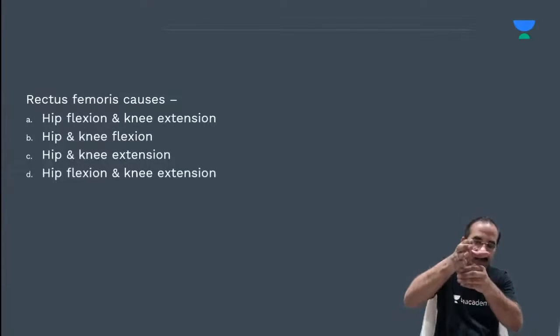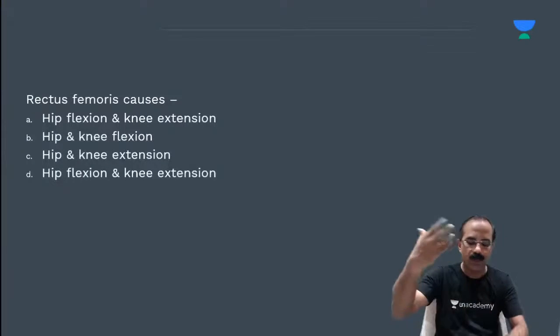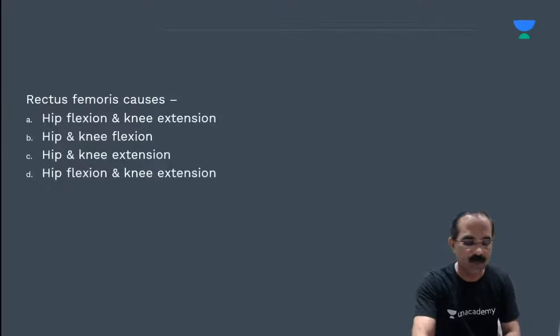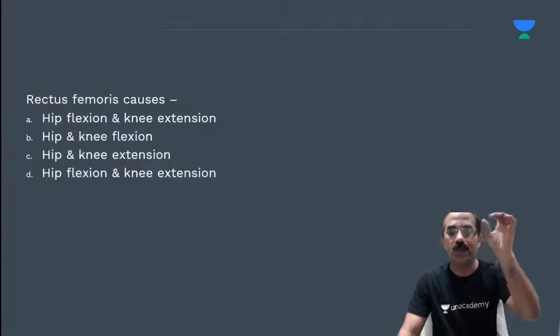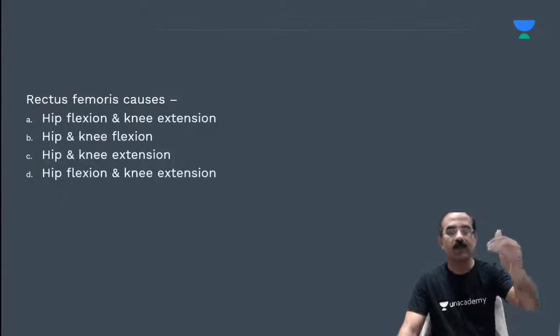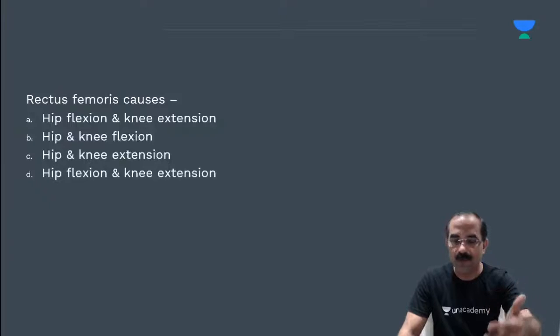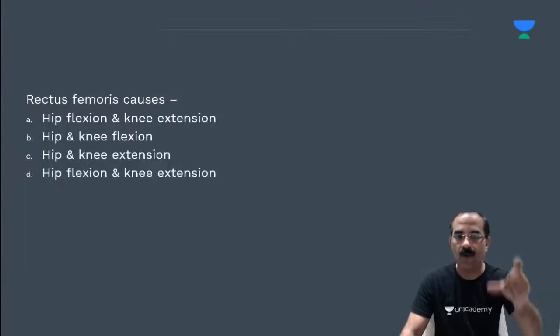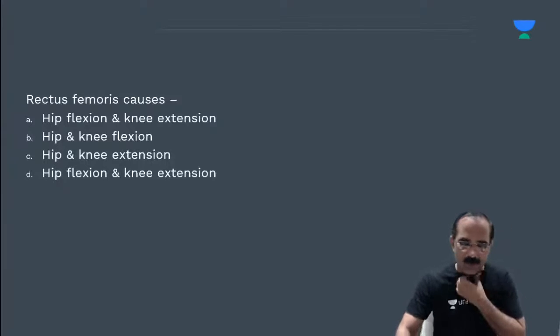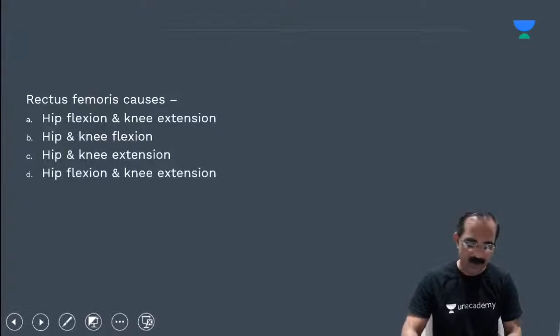For this to articulate, the femur has to undergo a medial rotation, and this is what we call locking of the knee joint. I hope this is clear to all of you.